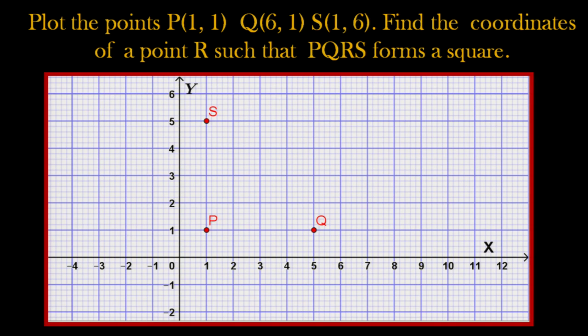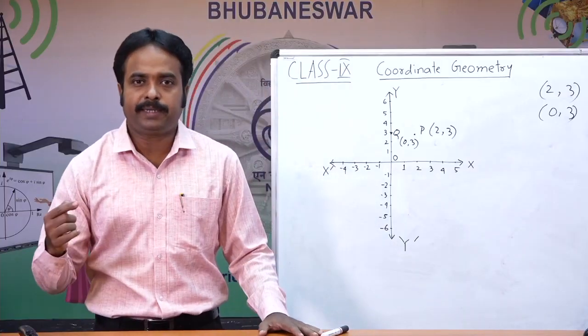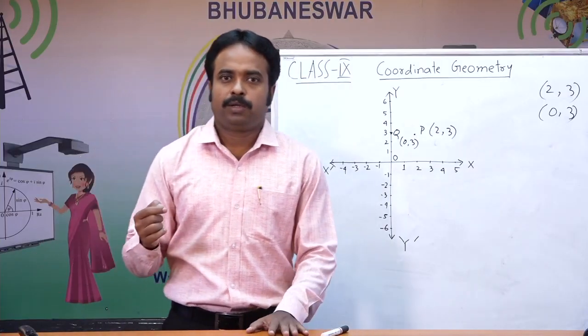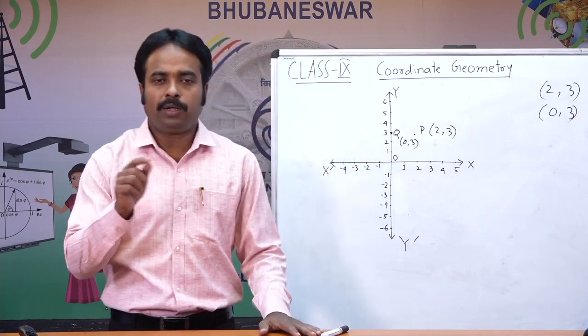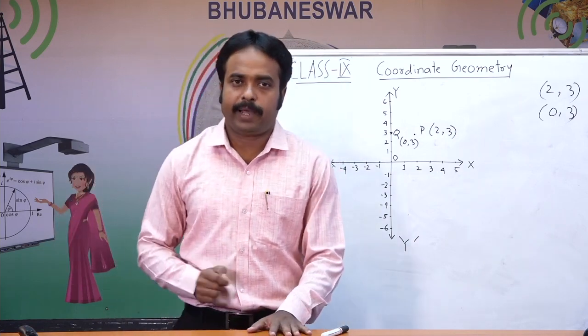Now if you observe this, what is the length of PQ? You may see that the length of PQ, that means the distance, is 1, 2, 3, 4, 4 units. In the same way, the distance between P and S is 4 units. That means we have to take a point R such that they will form a square.